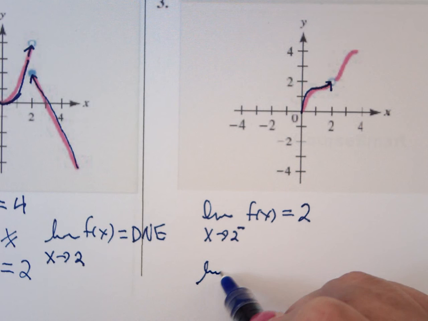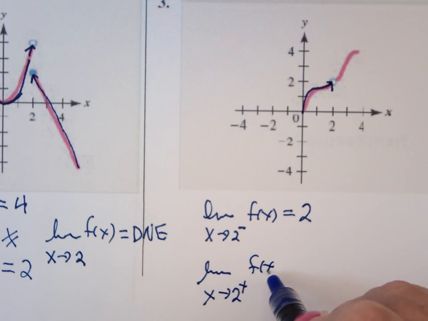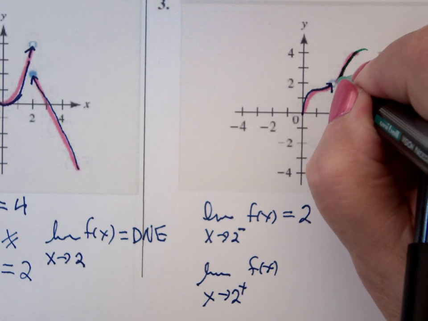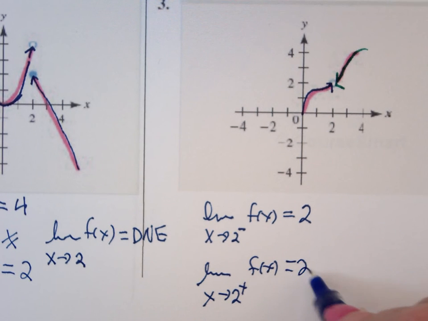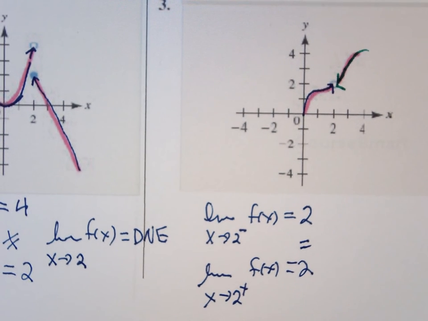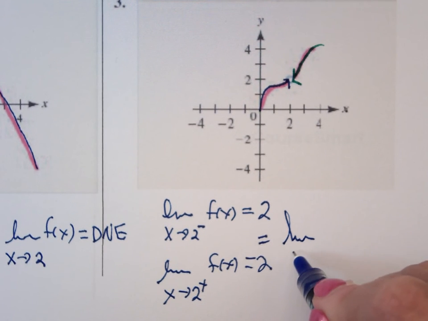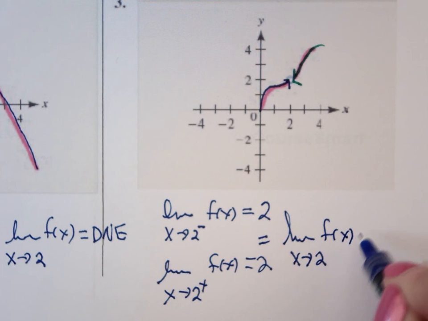The limit as x approaches 2 from the right of f of x, that's Harriet. Where does Harriet end up? 2. Since these are equal, then we can say that the limit as x approaches 2, period, of f of x equals what? 2, right?